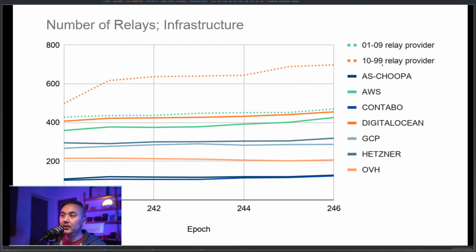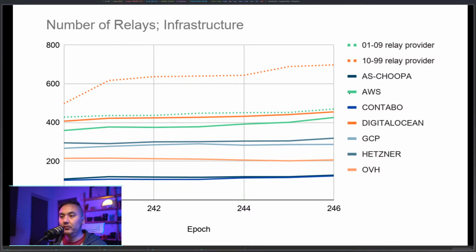And then, interestingly, if you look at the providers who have over 100 relays on their network, you're only left with these guys. I didn't have to clean up the list. Before, this list had like 1,000 or 2,000 different infrastructure providers, but now we're left with AS Chupa. I don't know who that is.